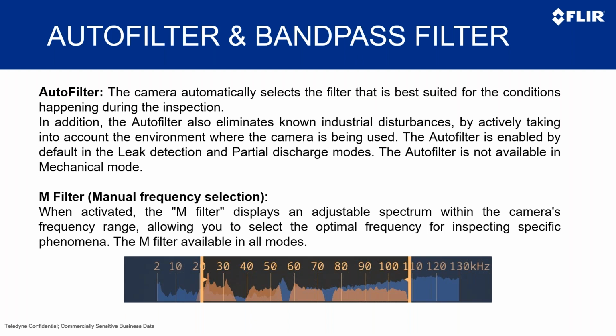Also good to remind that in the SI1 unit, we have only the high frequency filter, which is one specific filter for a specific frequency range, and the manual filter. In SI2 units, we have all the filters available for the customers and the users.